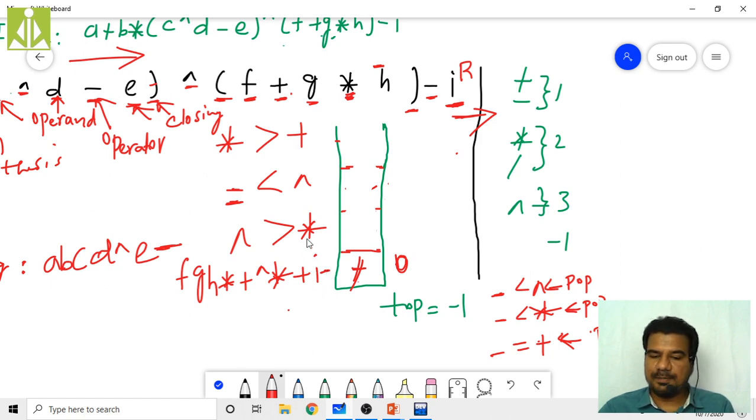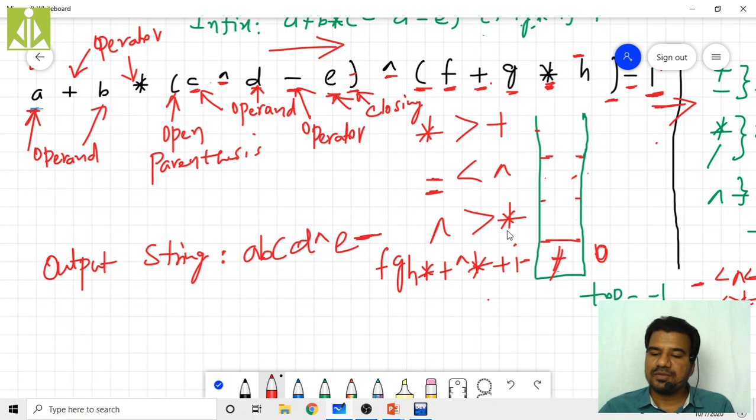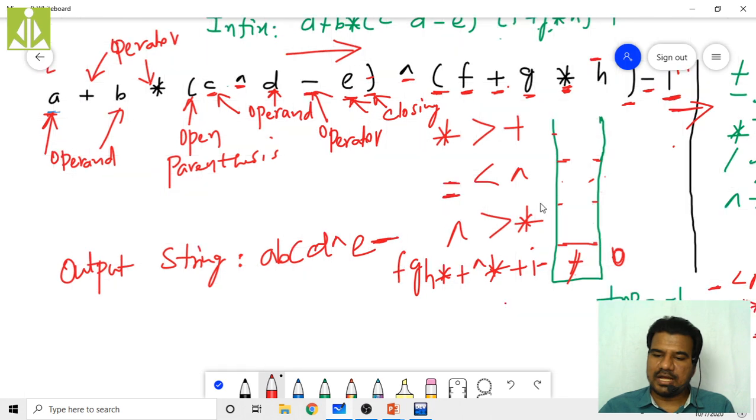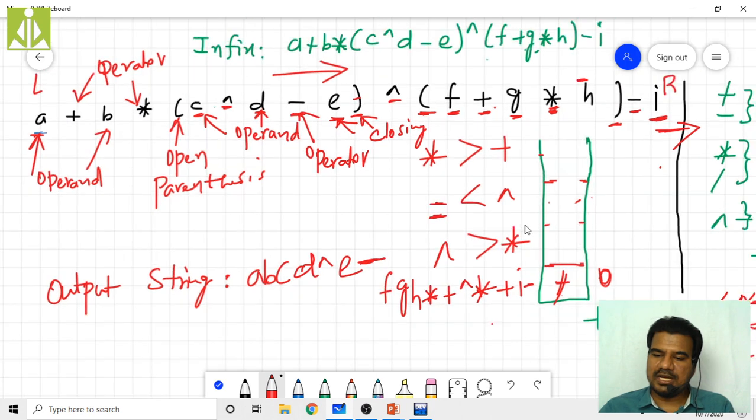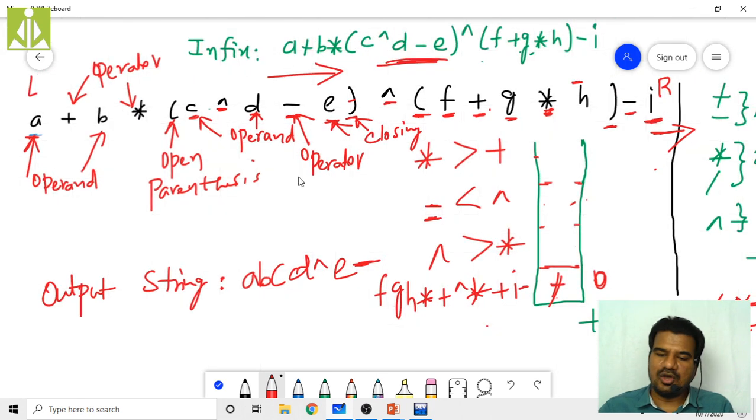Before the conversion, our input string was this one, and we got the output string something like this, the postfix expression. The output string only holds the postfix expression.